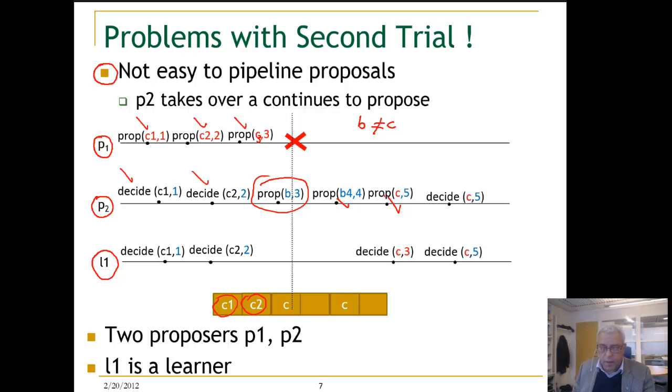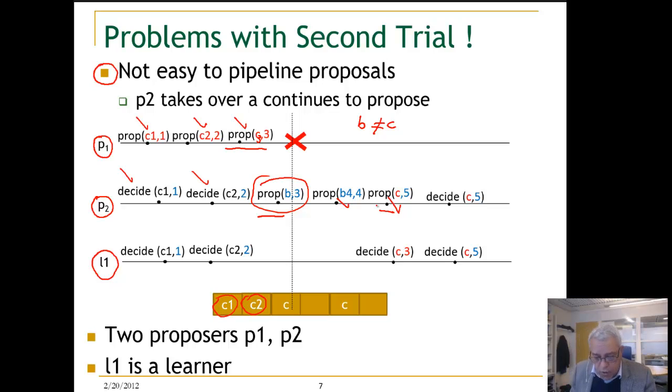If you think about single value consensus, we have two separate instances. One where we have contending proposals. One is proposing C and the other is proposing B. This is completely separate from instance 5, where C is also proposed.